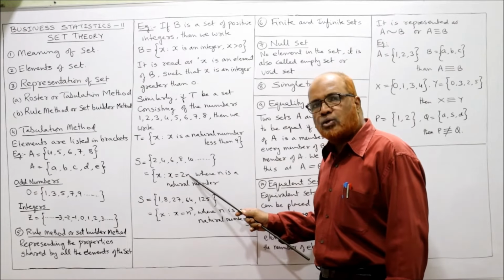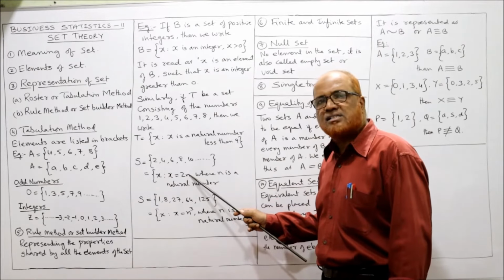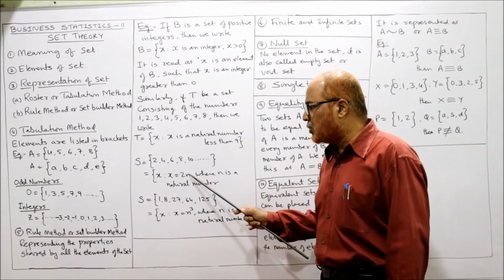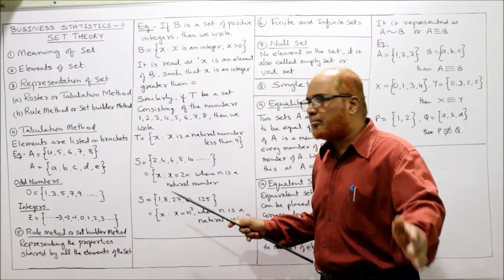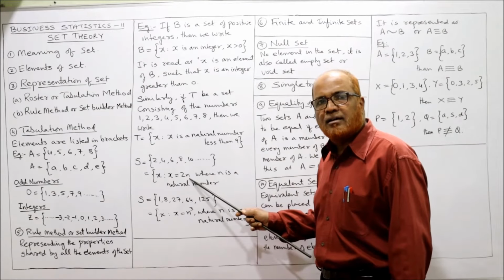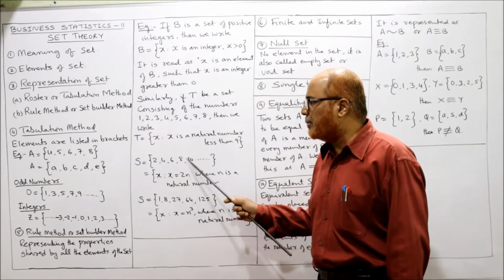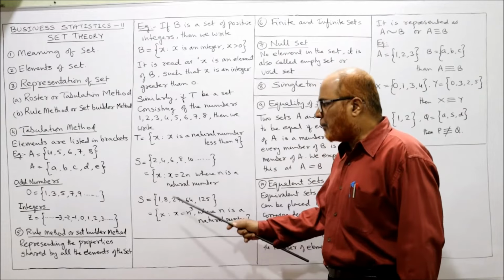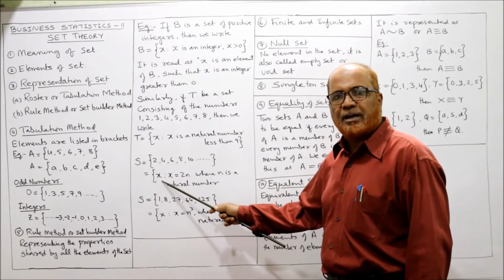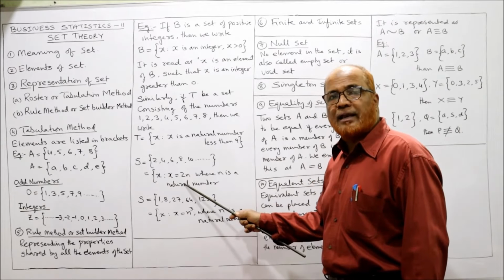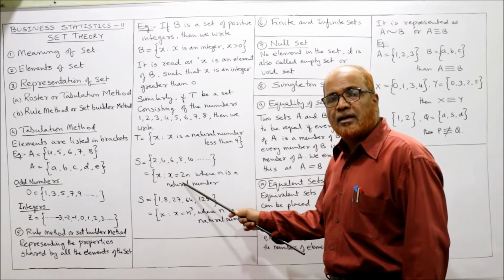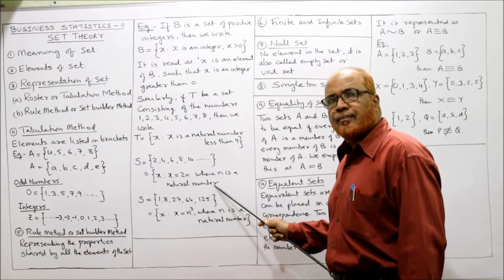If we take n equal to 3, 2 threes are 6. If n is equal to 4, 4 twos are 8. If n is equal to 5, 2 fives are 10. Like that, any natural number you take in place of n, you multiply it by 2, and you will get an element of S. The property is X is an element of S such that X is equal to 2n, where n is a natural number.